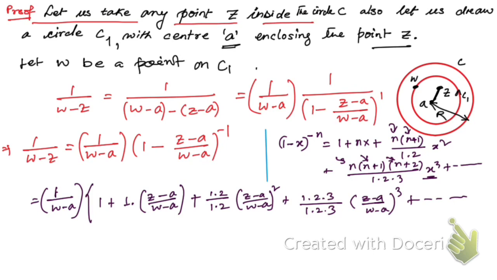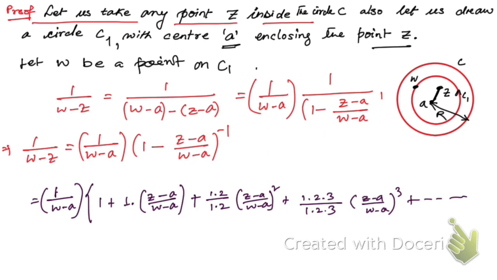Okay, hope you have understood how I have applied this. Here I'm going to write using the binomial theorem, right? So you can see these two are going to be cancelled, these two also cancelled, so this can be written this way.